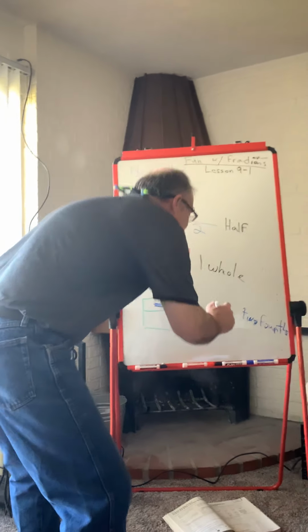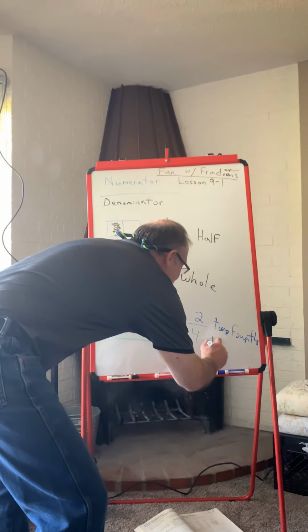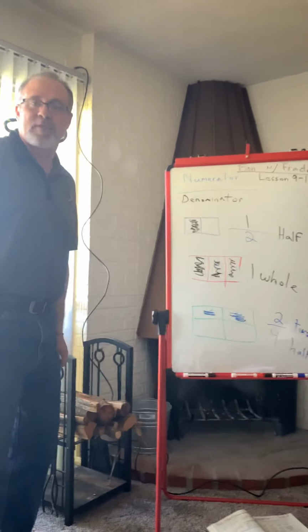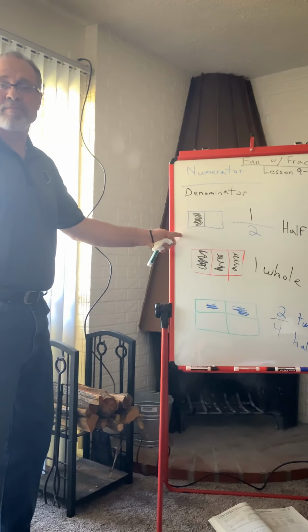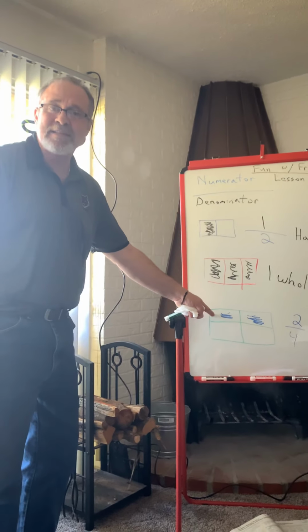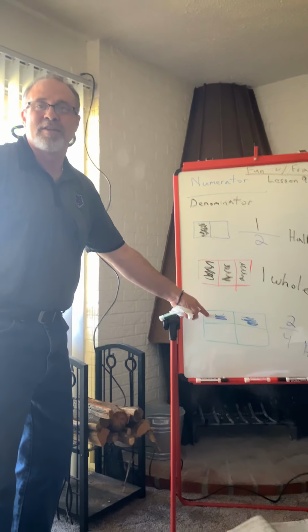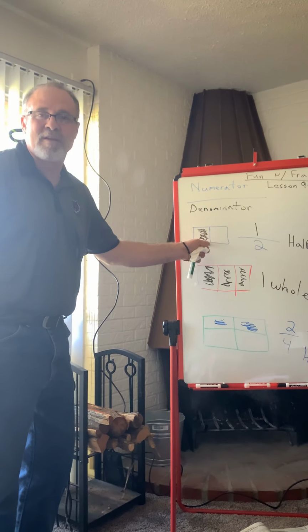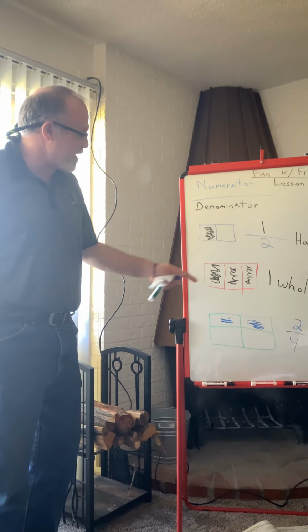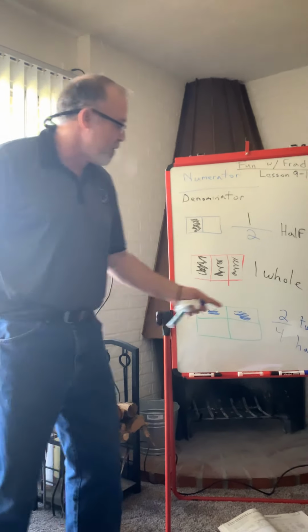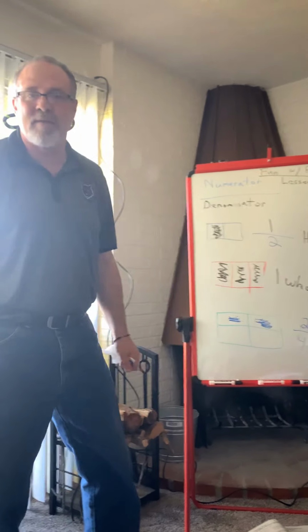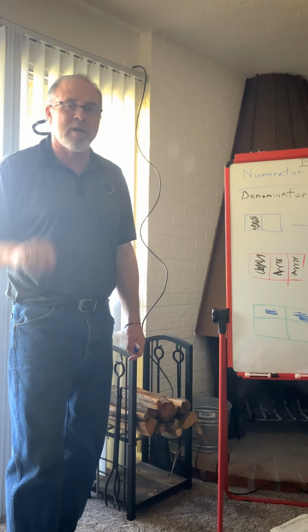Well, let's take a look. Is this a half here, right here at the top? Yeah, it's a half. Have I shaded half of that? Yes, I have. So now I have a half here and a half here. It's the same thing, playing with fractions. So this is either 2/4 or a half. Kind of interesting how that works.